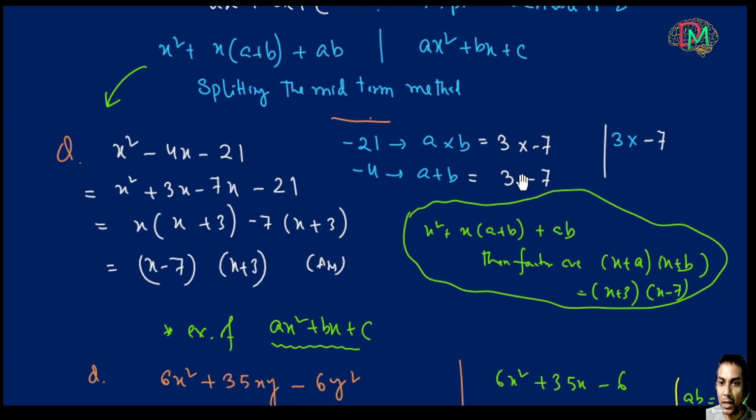When you find a into b, you also check whether it satisfies a plus b or not. Then you can directly put the values as x plus a into x plus b. You get the factors. The polynomial is x square plus x into a plus b plus ab, and these are the factors.